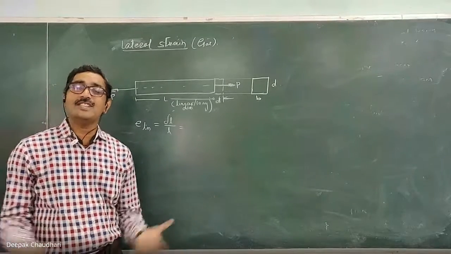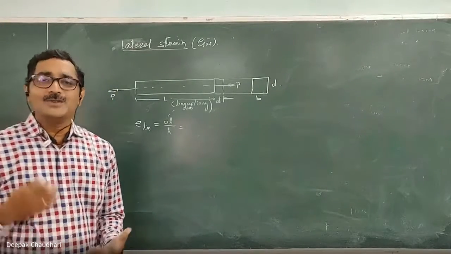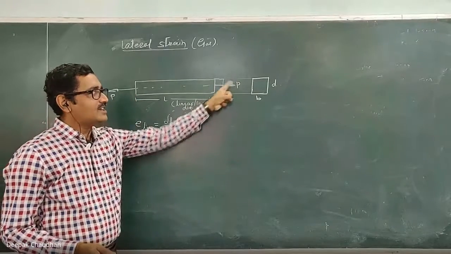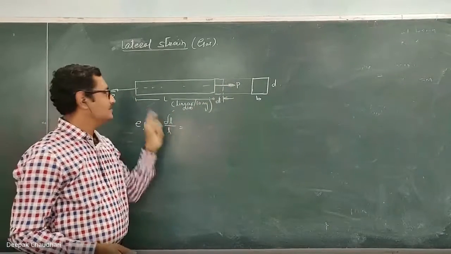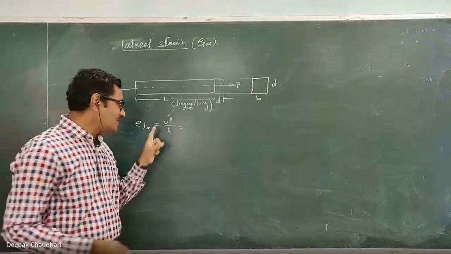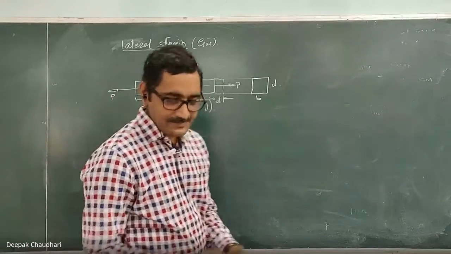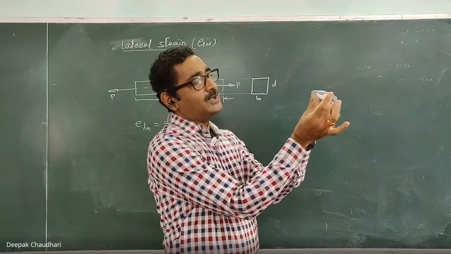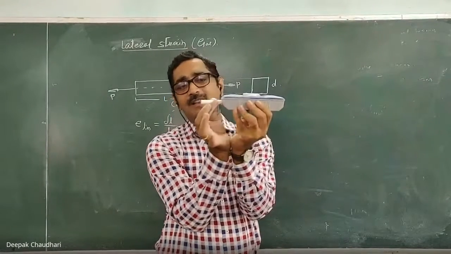The question is, what is the linear dimension? Linear dimensions are the dimensions in the direction of the applied force. The other dimension is known as the lateral dimension. For example, if you consider this cross-sectional area, the force applied is perpendicular to it. It is normal.